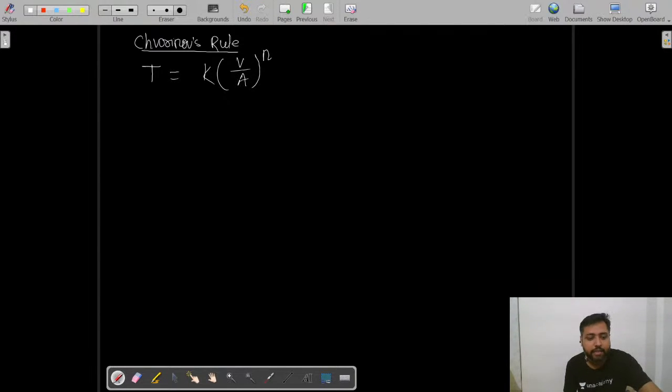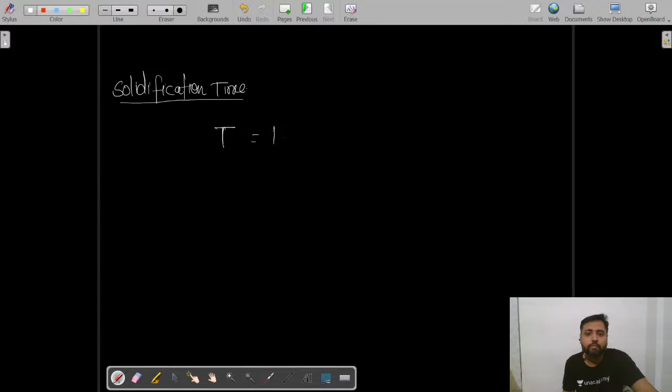This is the solidification time of liquid in any cavity. Solidification time given by Chvorinov's rule suggests that the solidification time of liquid metal in any cavity will be equal to K multiplied by (V upon A) whole to the power n.